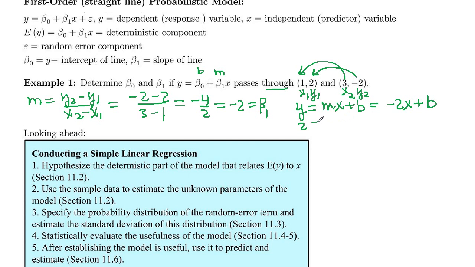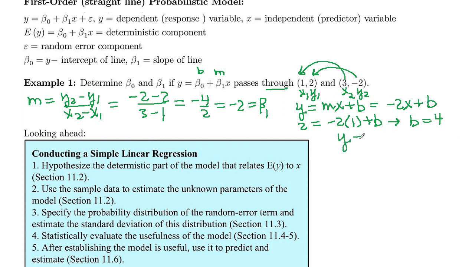So 2 is our y, has to equal negative 2 times our x value, which is 1, plus b. So that's 2 is equal to negative 2 plus b. Bring that negative 2 over as a positive. Your b is going to equal 4. And then we plug that back in here.